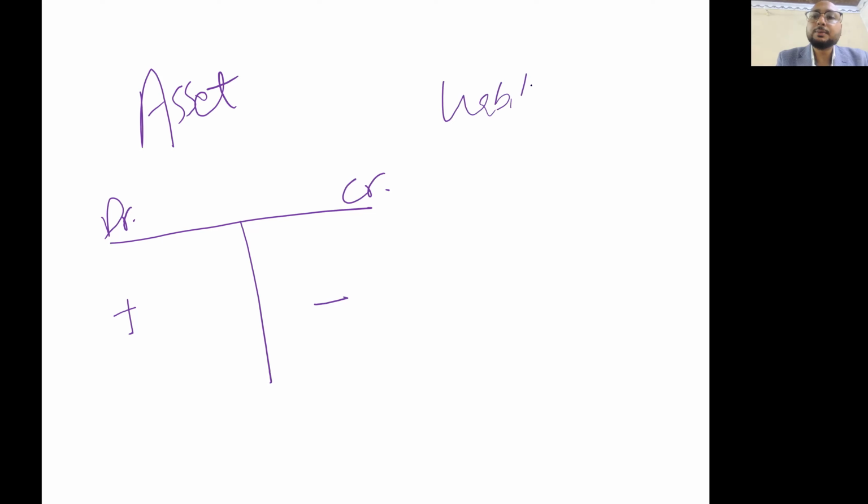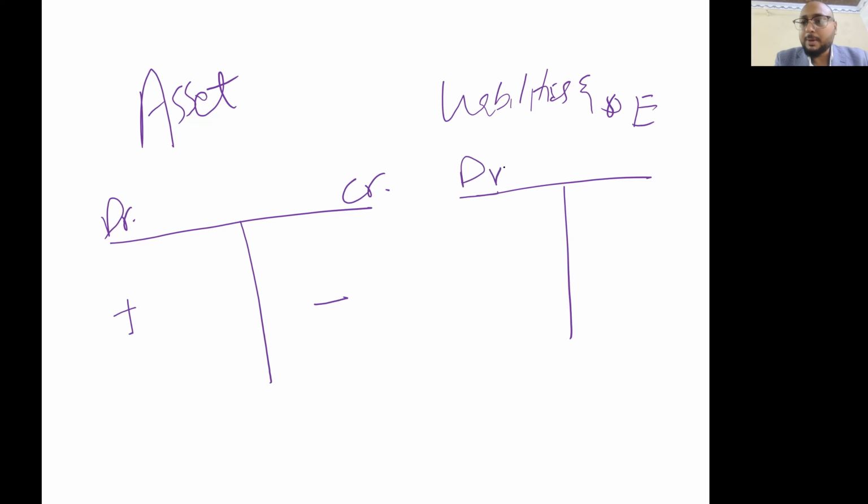Liabilities and owner's equity. So the left-hand side is called debit, the right-hand side is called credit. If liabilities and owner's equity accounts increase, we record it on the credit side, and if they decrease, we record it on the debit side. We denote debit with DR, credit with CR.